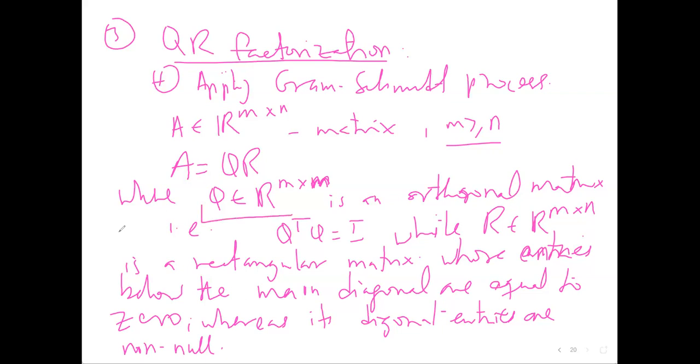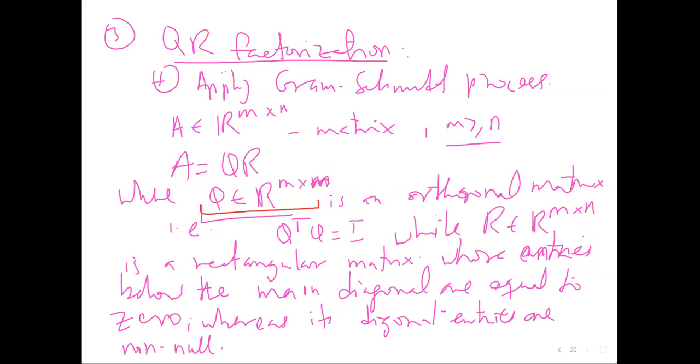Q has a similar dimension like A. I mean, R has a similar. No, it's M. So it is R which has the similar dimension.